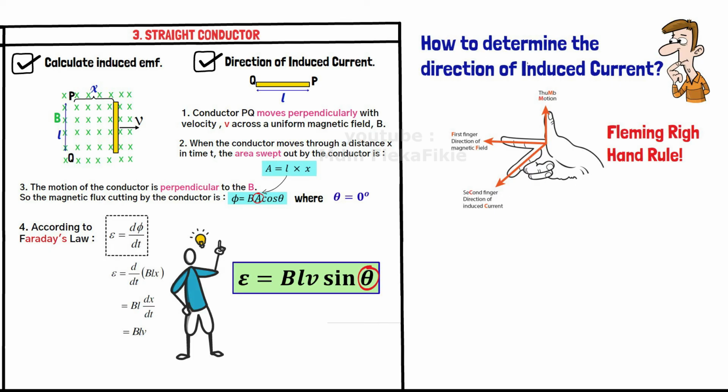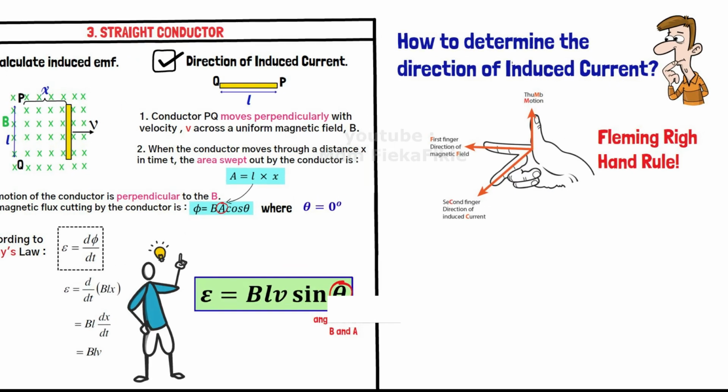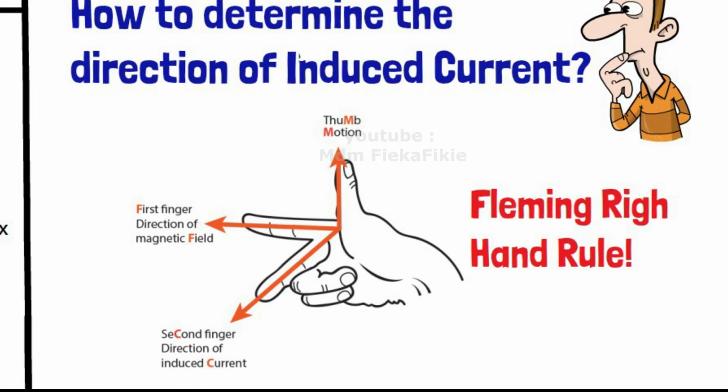Okay? So your thumb, cara kita nak ingat thumb, kita ada M. So means that thumb is the motion. Okay, merujuk kepada motion ataupun thumb ini dia mewakili pergerakan. Pergerakan itu merujuk kepada arah V. Okay, and then your first finger ataupun jari telunjuk awak must be pointing to the direction of the magnetic field.